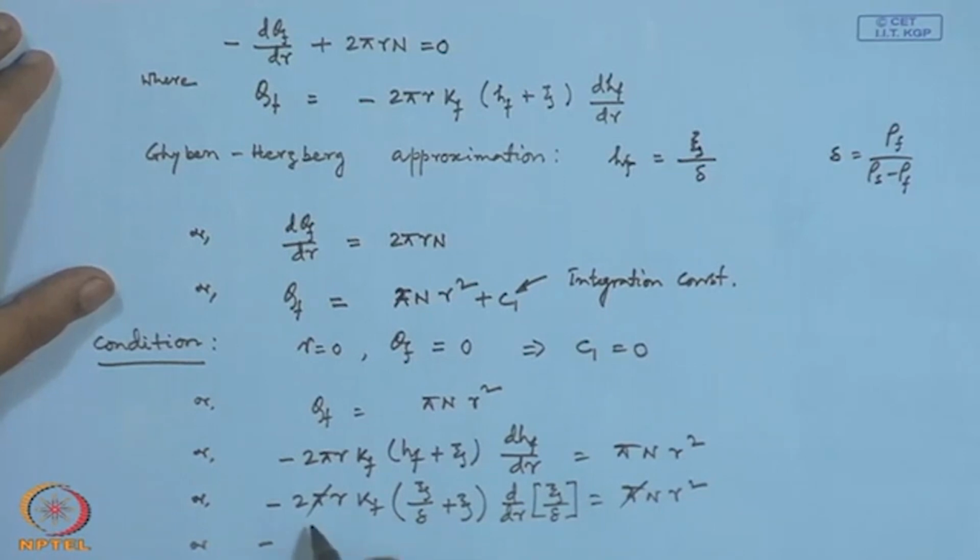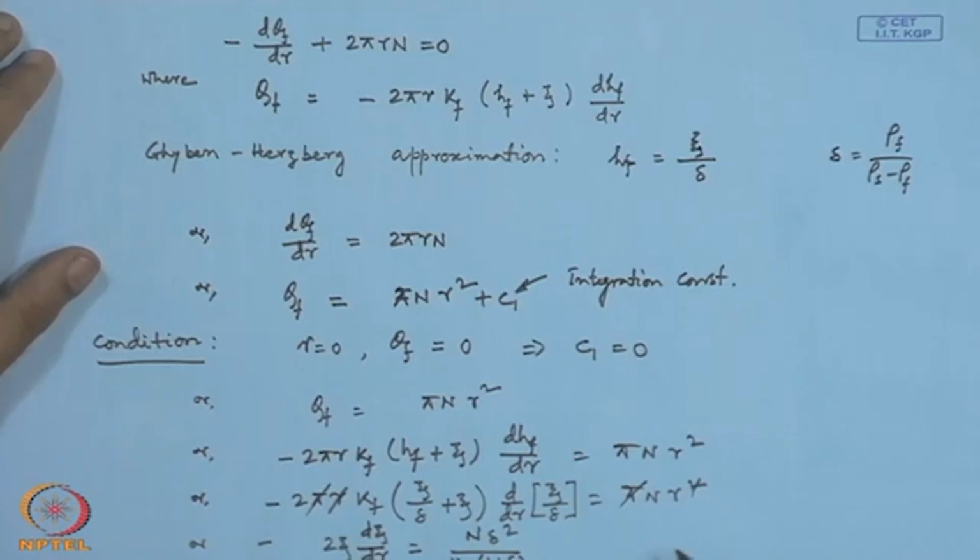We have r and we can write it as d xi by dr, 2 xi equals to n delta square by Kf into 1 plus delta, into r.